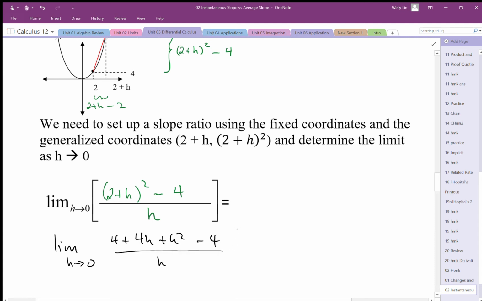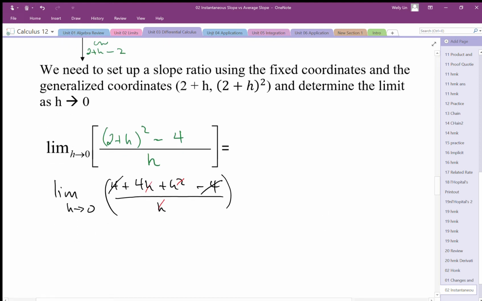These 4's cancel out, and conveniently the divide by h factor cancels with those h's. I'm left with the limit as h goes to 0 of 4 plus h. There's no divide by h anymore, and I can now evaluate my limit.